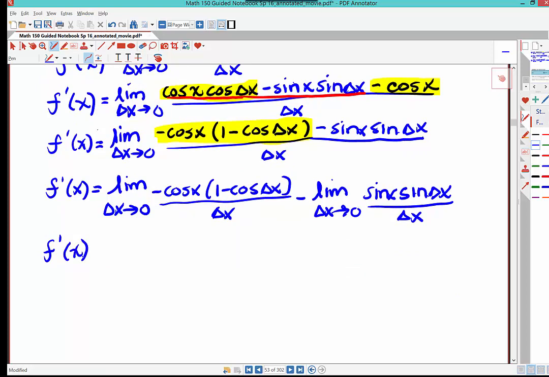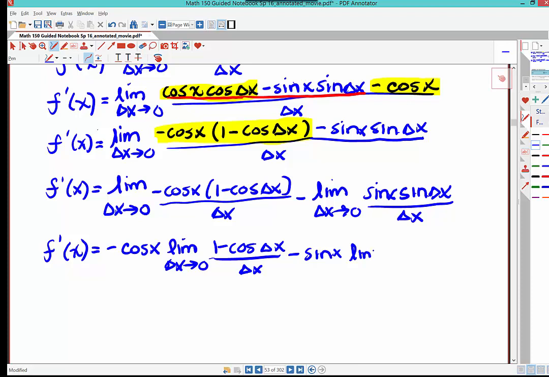And the factors that just have an x in them are not affected by sending delta x to 0, so we can actually pull them out of the limit. So we'll end up with negative cosine at x times the limit as delta x approaches 0 of 1 minus cosine at delta x over delta x, minus sine at x times the limit as delta x approaches 0 of sine at delta x over delta x.